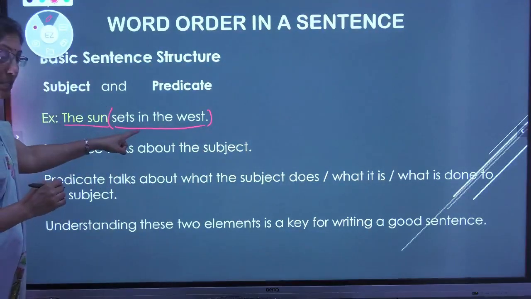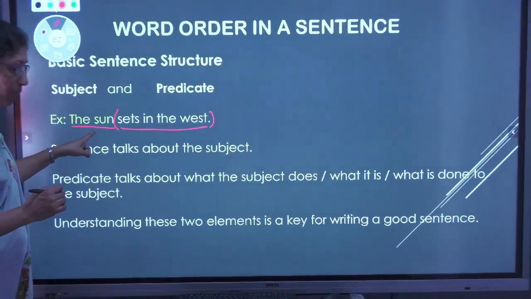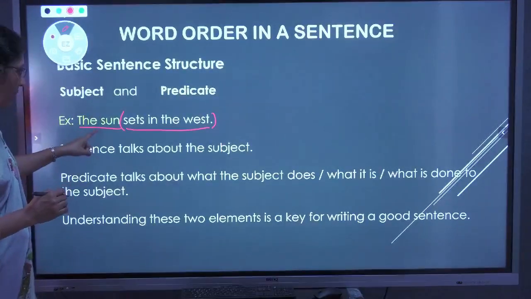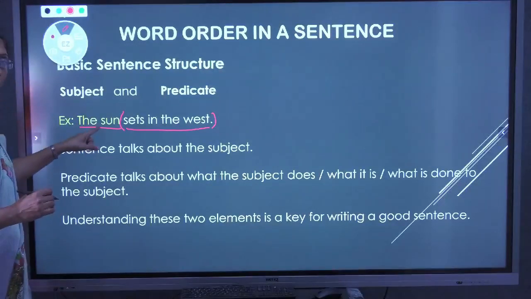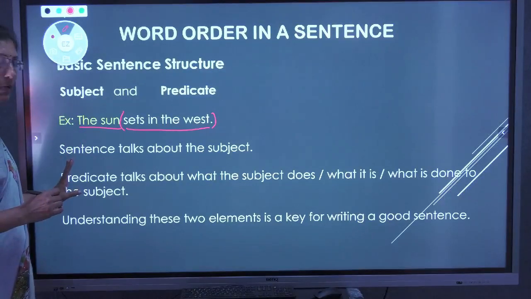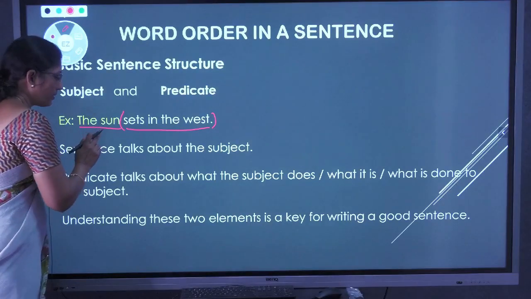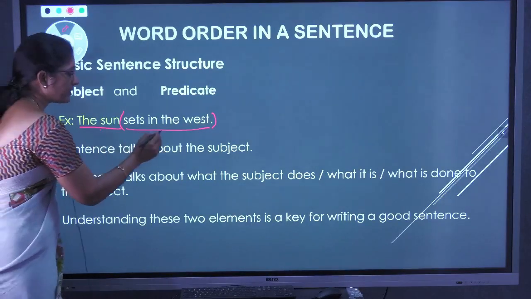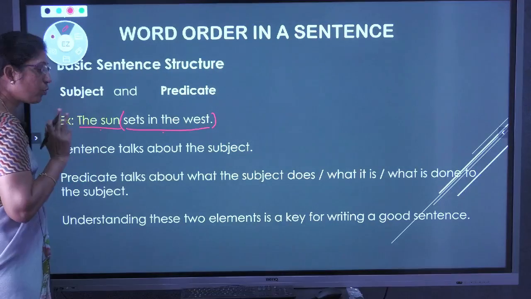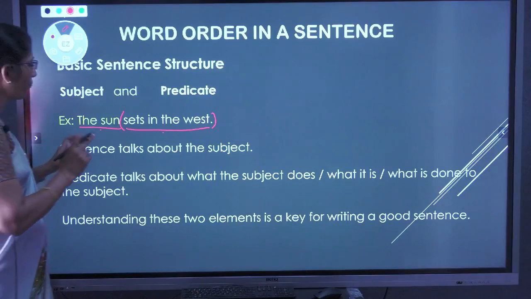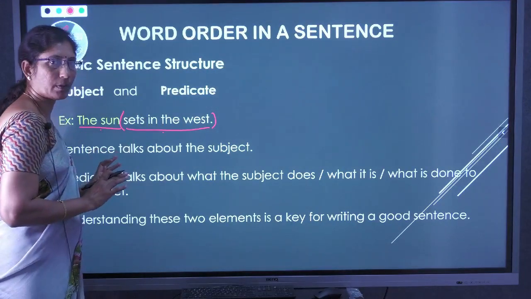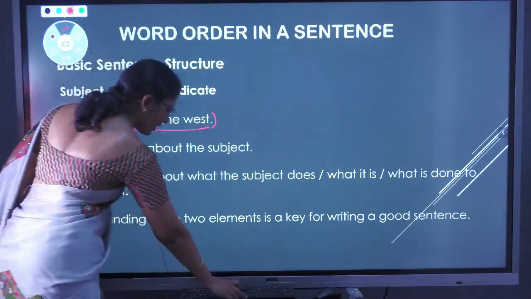A predicate speaks about what the subject does or what it is or what is done to the subject. This is subject and this is predicate. These are the 2 important elements in a sentence. If you want to construct a good sentence, it should have these 2 elements. Let us go to the next step.